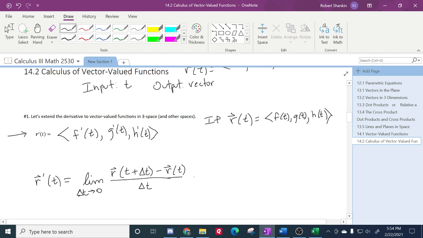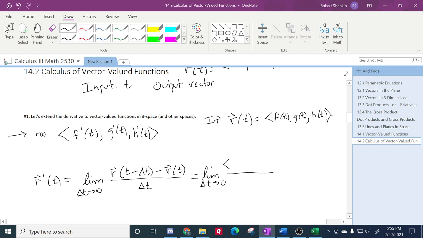Because what Matt was just saying was that if we wind up doing this, we'll wind up putting the three different components.